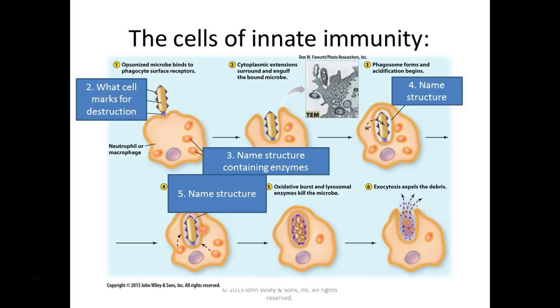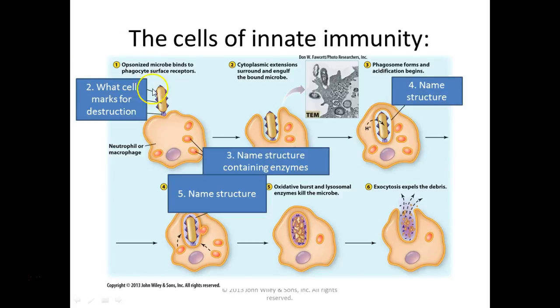So how does it know, in the very first step, that that's the bad guy? What marks the cells for destruction? Little sensors. Be more specific.